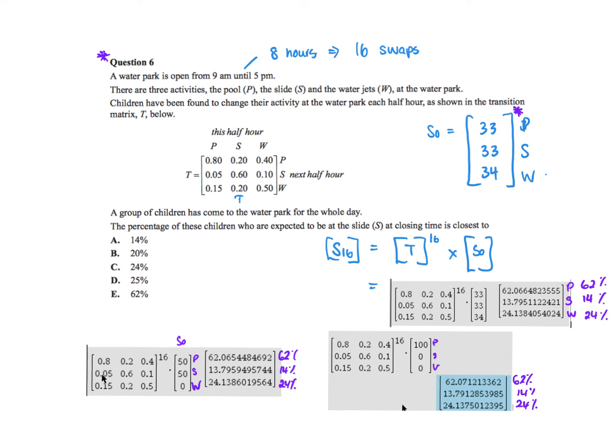So the question was how many at the slide? Which is the second number, so we're going to say 14%. But don't stress, we'll do steady state in depth. So maybe you might just want to write a little note though, that a steady state has been reached by the end of the day.